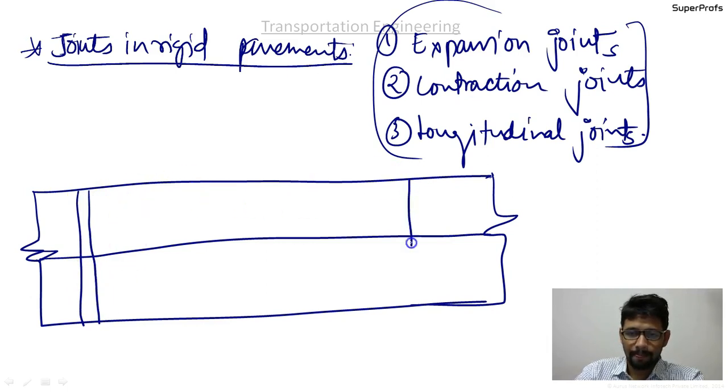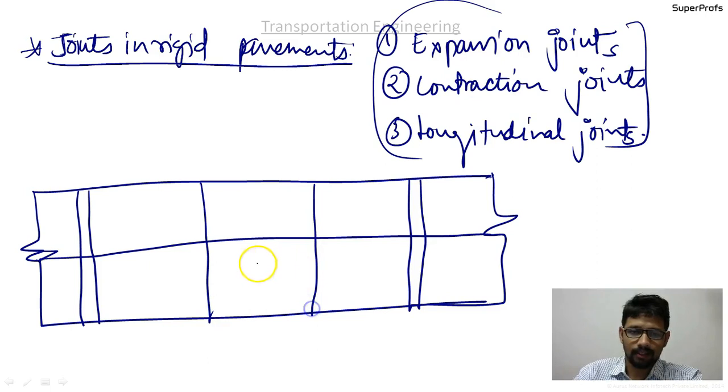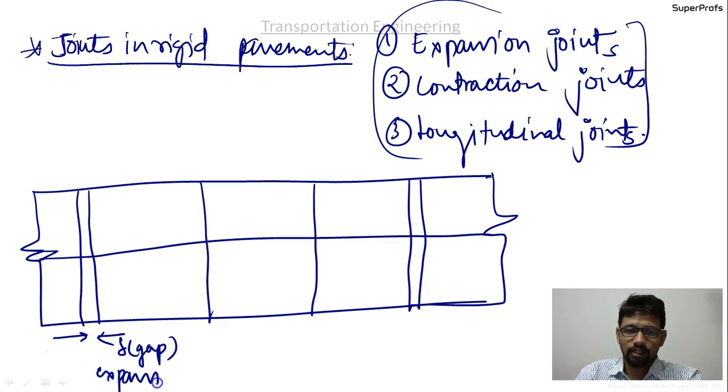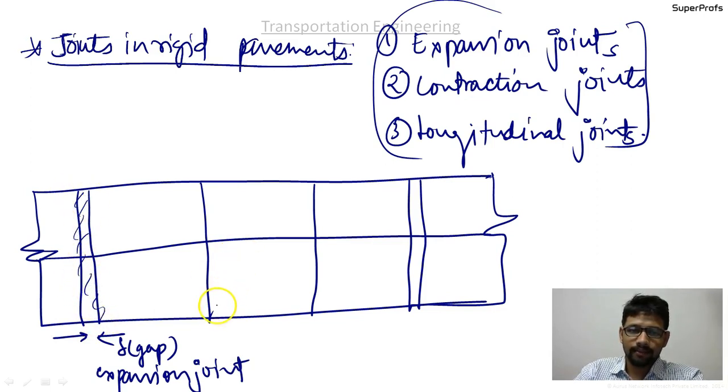Here there is a gap, say delta. There is a gap like this, and that is the expansion joint. The large gaps that you get to see are the expansion joints.